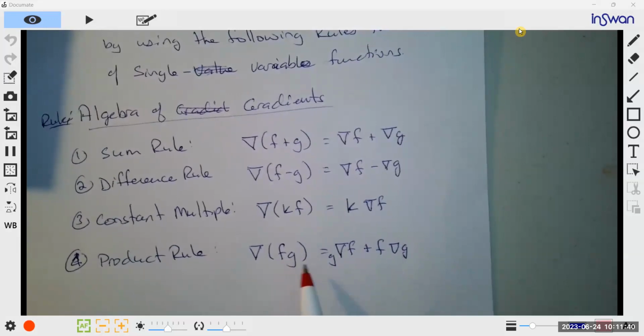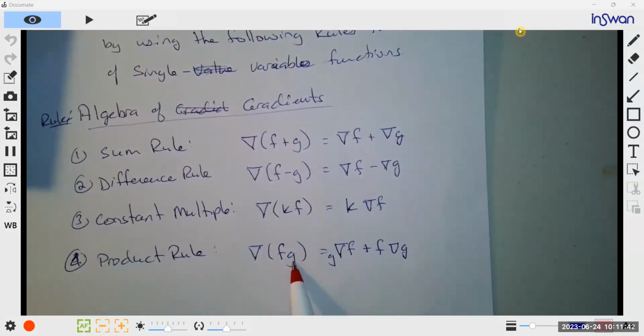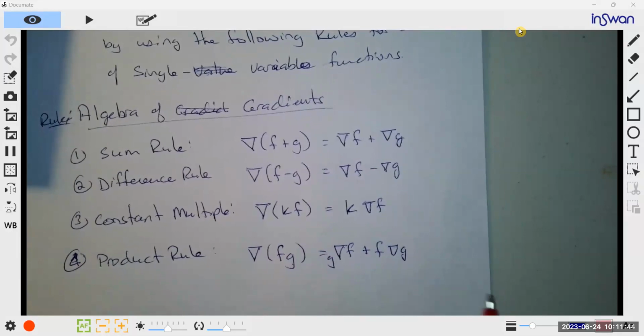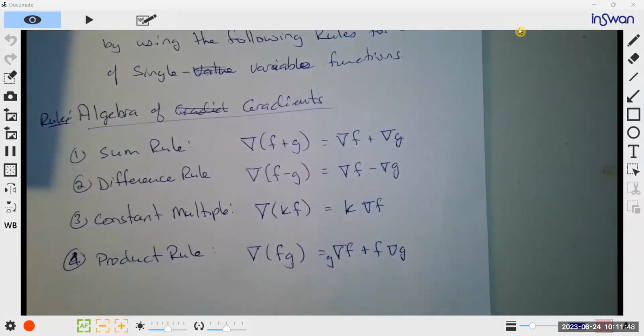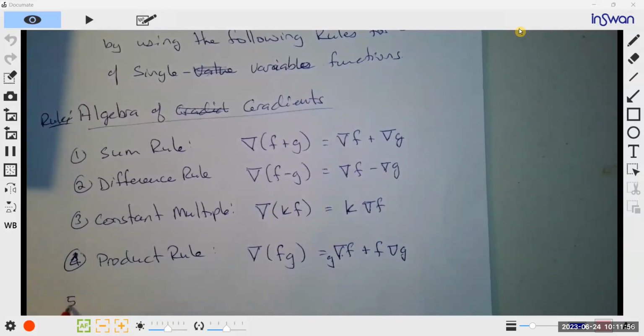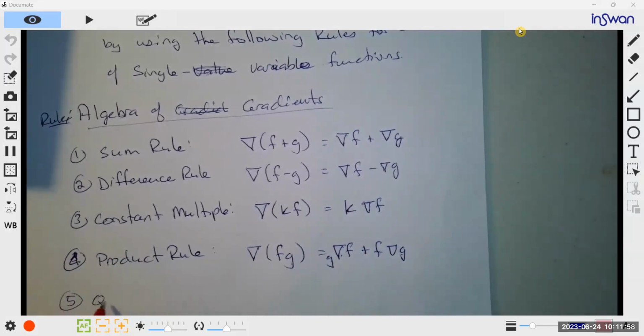So F times G, take the derivative of G. It's the same as when we had derivatives of two functions. We do the same thing with dels. So take the G and find the del function of F. Same thing with the quotient.